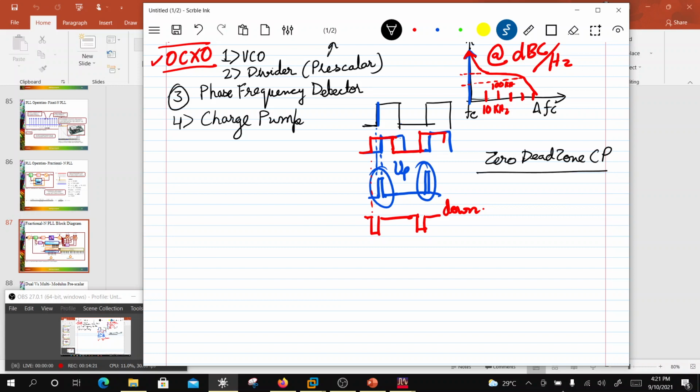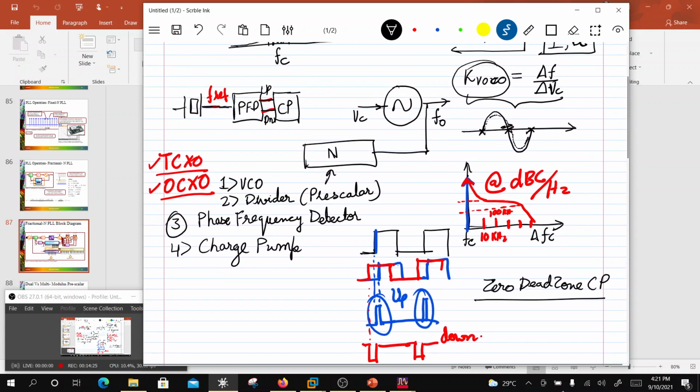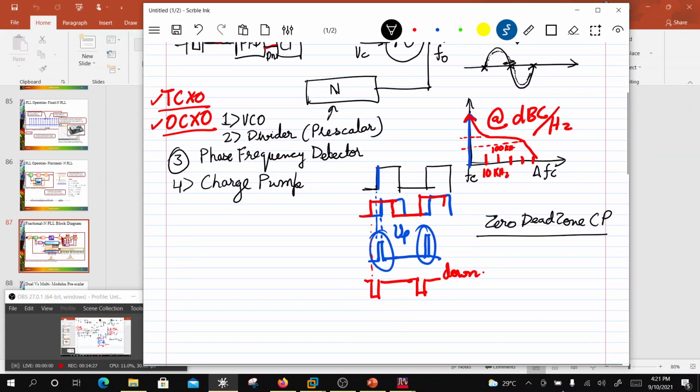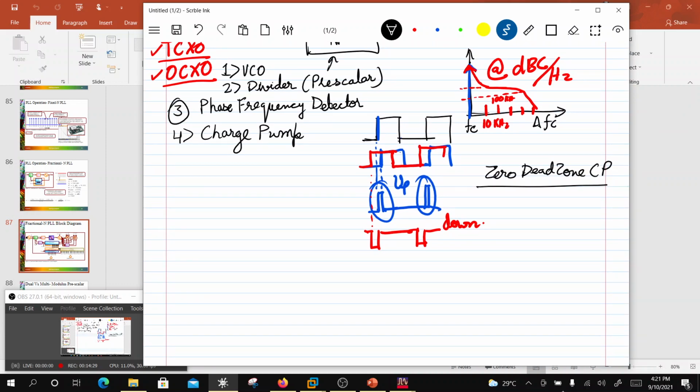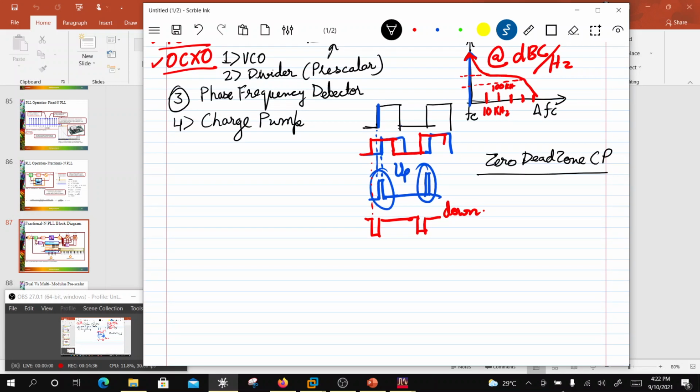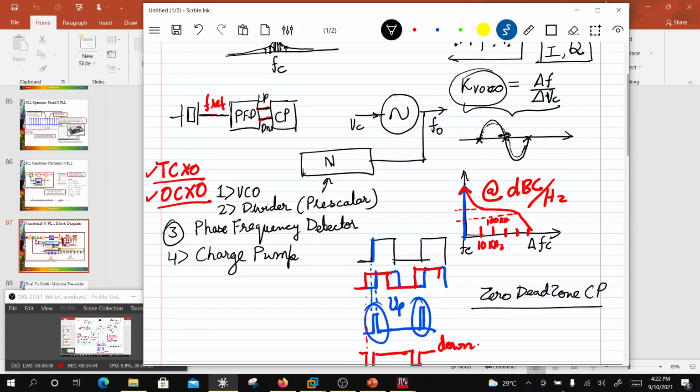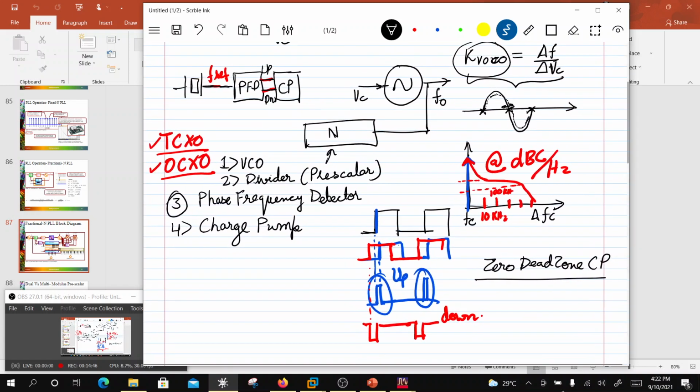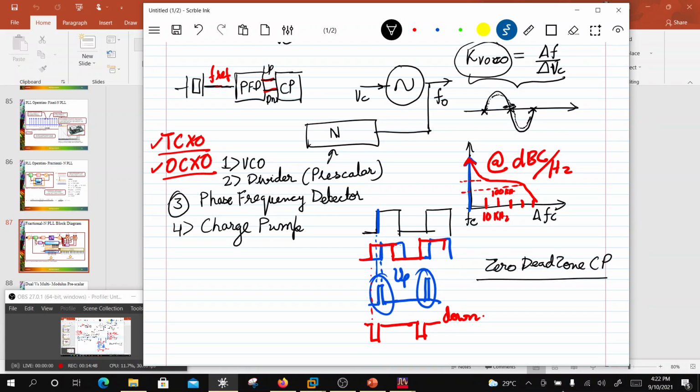This is some kind of a state machine, and there is a form of feedback in here which has a certain delay. This causes a certain region of this charge pump to be not responding to the input. So basically in that region the charge pump doesn't respond.